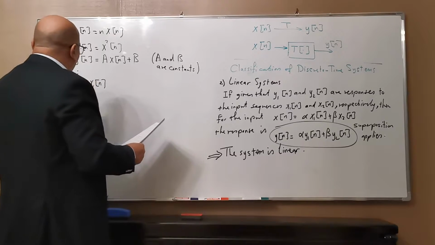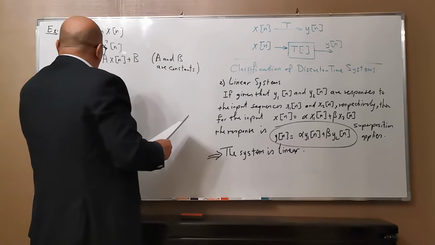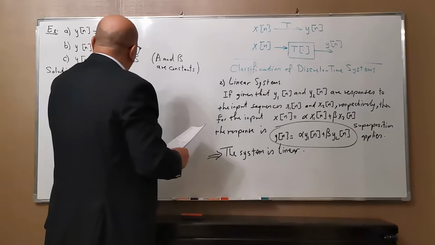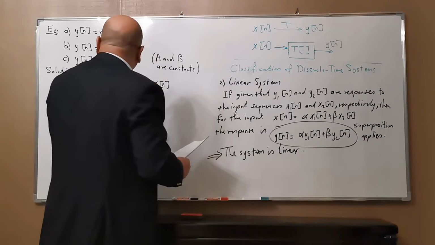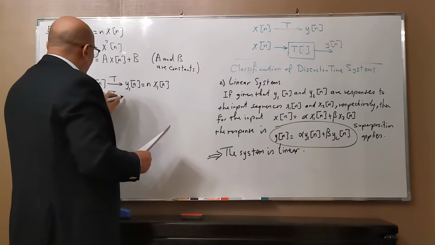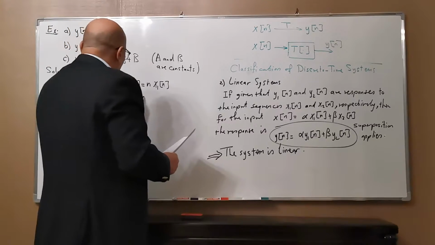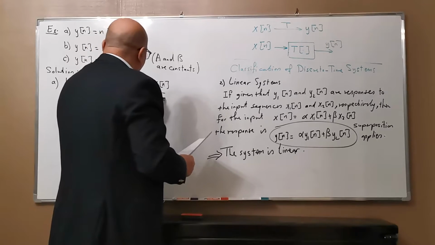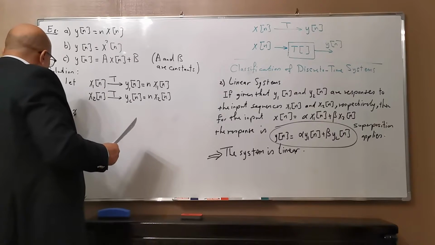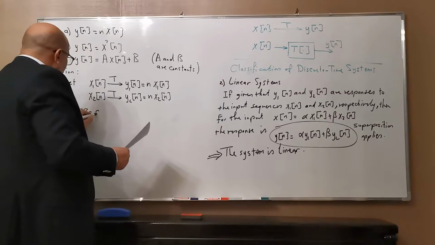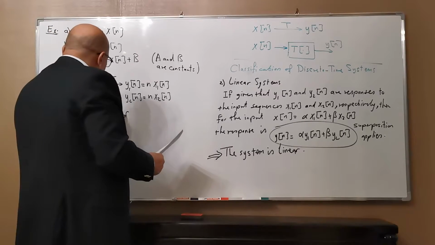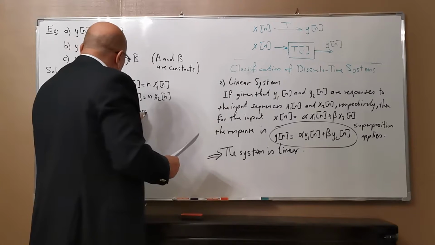We'll assume we have two inputs: x1 of n has the transformation y1 of n, which is equal to n x1 of n, and x2 of n has the transformation y2 of n, which is equal to n x2 of n. Now let x of n be a linear combination, say a1 x1 of n plus a2 x2 of n.